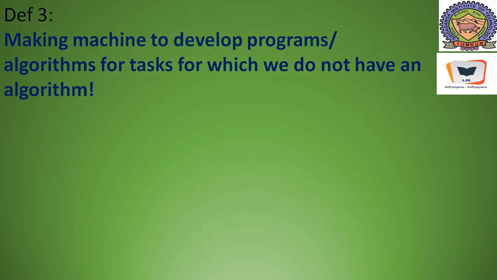Definition 3 says machine learning is all about making the machine develop programs or algorithms for tasks for which we do not have an algorithm.